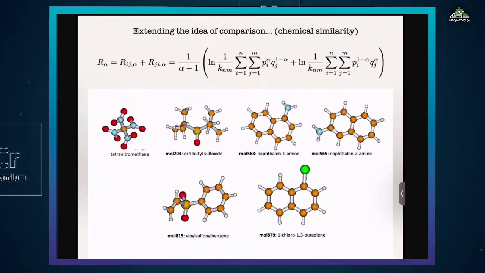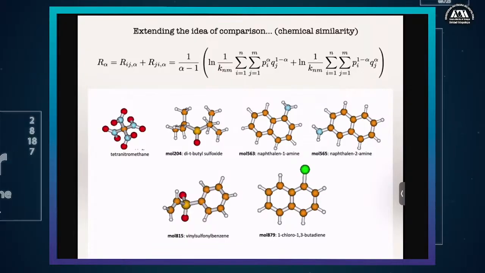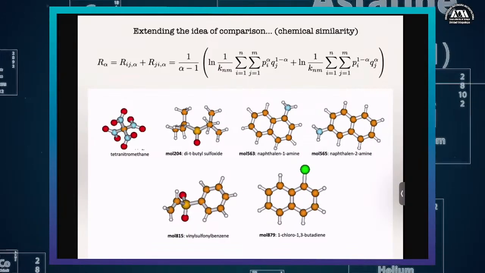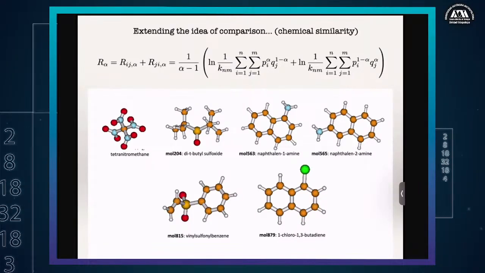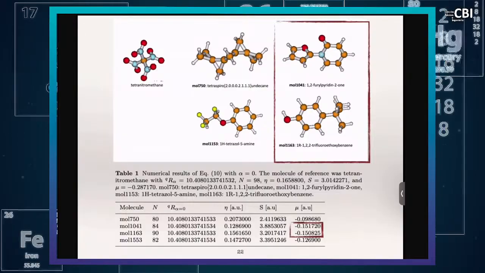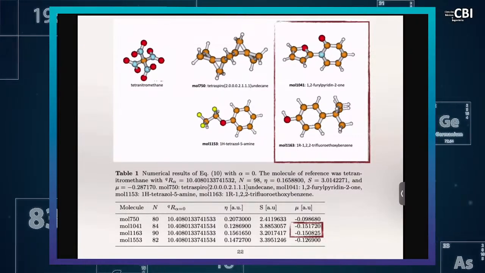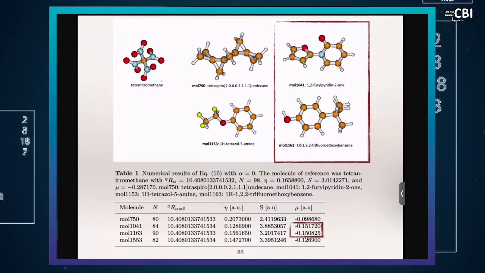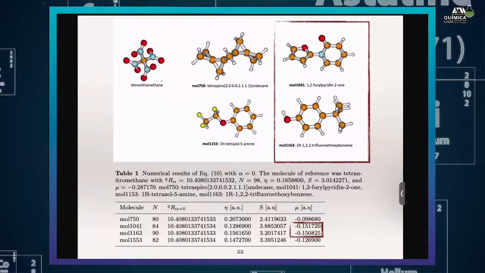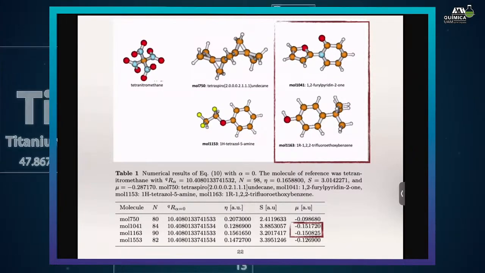We found that these five molecules have some very interesting characteristics. We observe that for these two molecules, their chemical potentials are very similar. Okay, so there are other concepts of information theory.